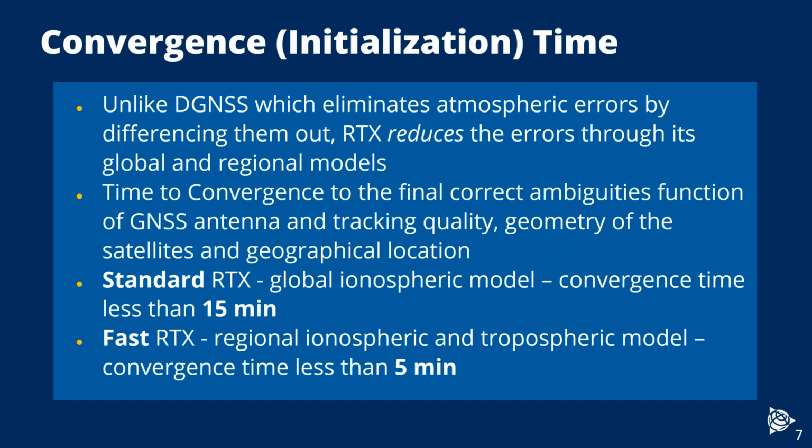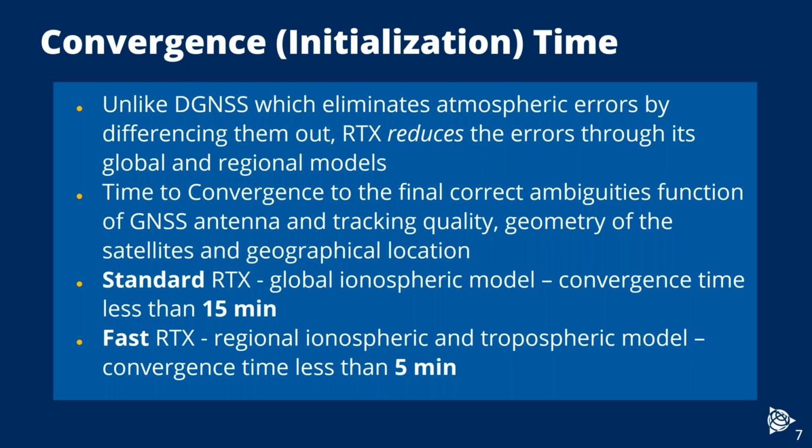The type of antenna and the overall installation is important, and I will mention that all Applanix antennas are RTX capable. Also, how well satellites are being tracked, as in how clearly they are being seen and how well spread out their geometry is in the sky, is important. But in UAV applications, open sky is typically a given, and satellite coverage should always be good.